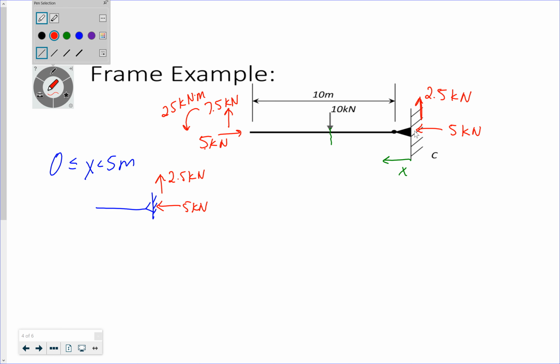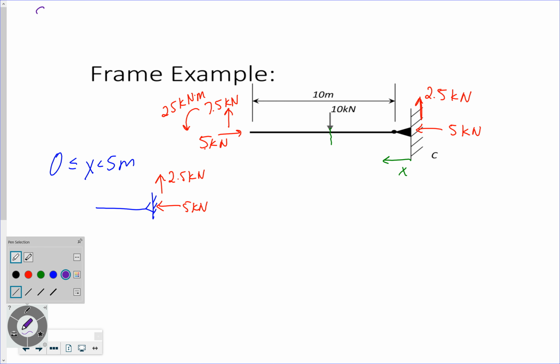Now, if you remember our sign convention, go back and look at it. Downward shear is positive if I'm coming from this direction, that's my sign convention. If I'm coming from the other direction, I need to be equal and opposite.